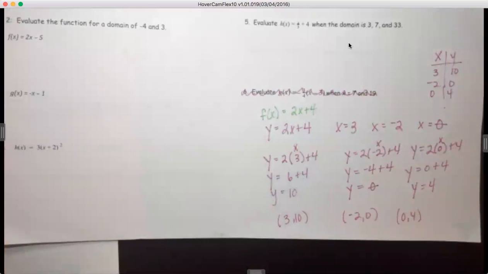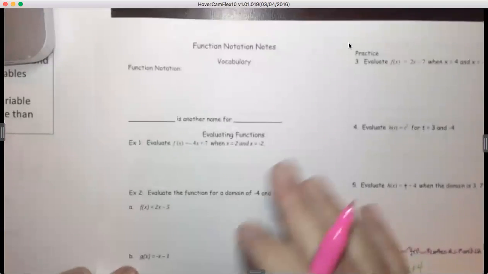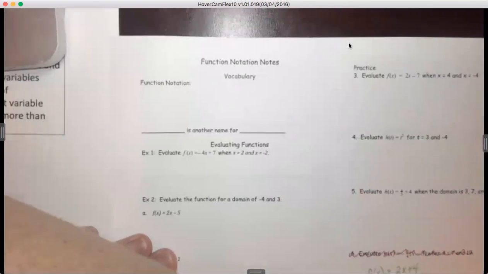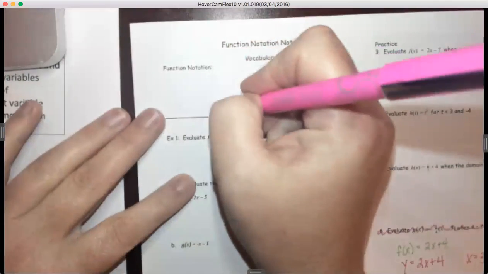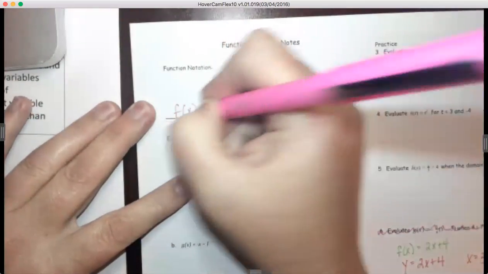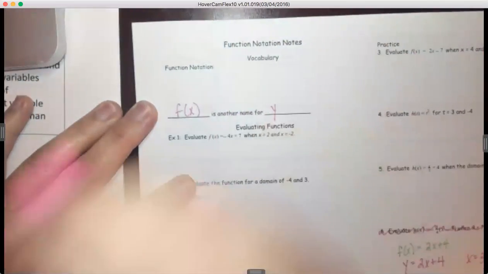It is another way to say y in very simple terms. It's not the best definition, but for right now, we're going to say that f of x is another name for y. And we're also going to talk about how we say that.